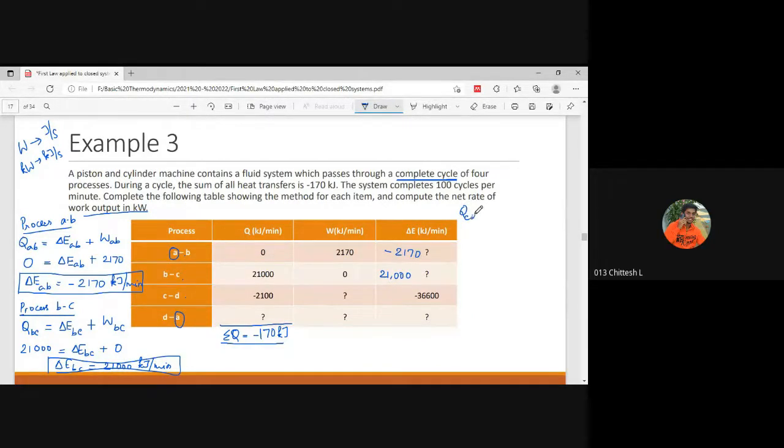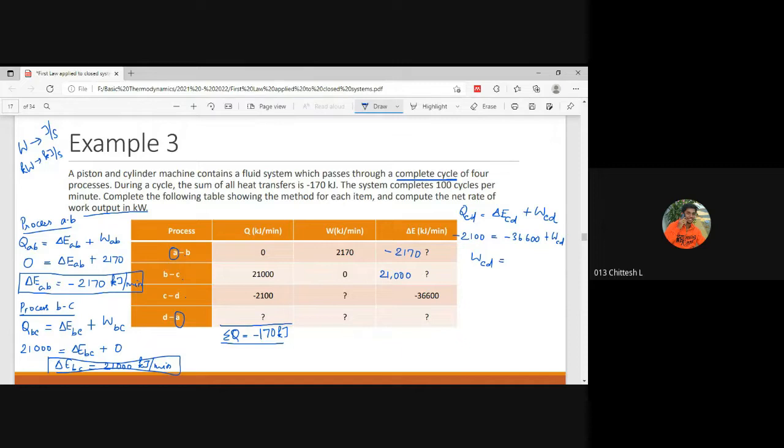Next, QCD equal to delta ECD plus WCD. How should I substitute the values? QCD is minus 2100, sir, equal to delta ECD, sorry, sir, minus 36,600 plus WCD. So what is the value of WCD?